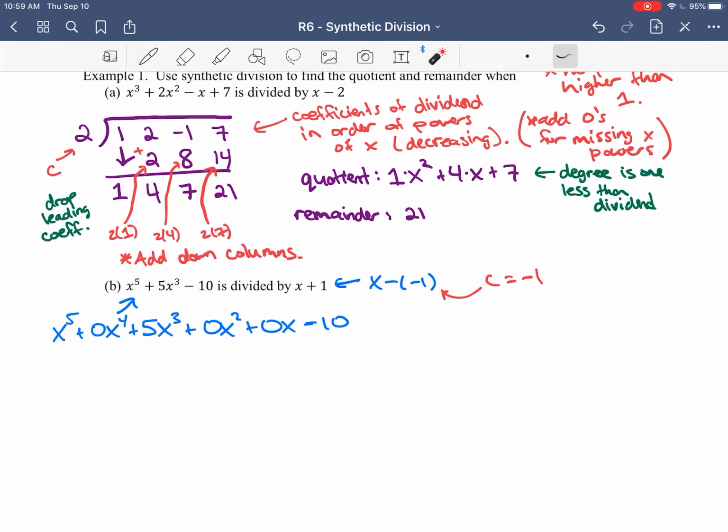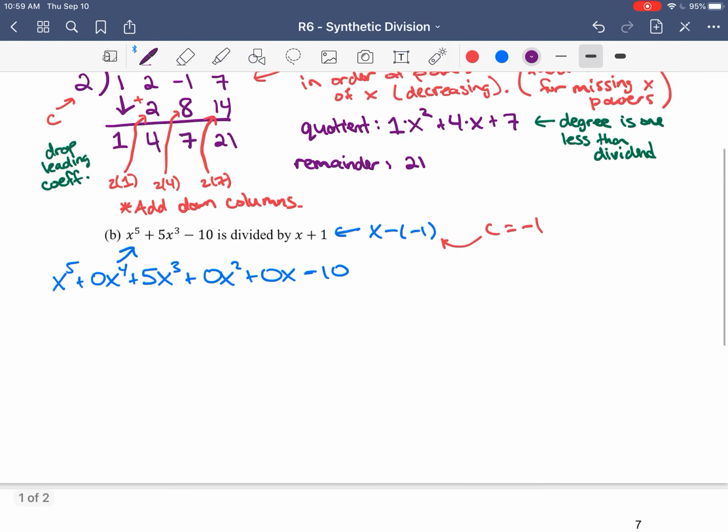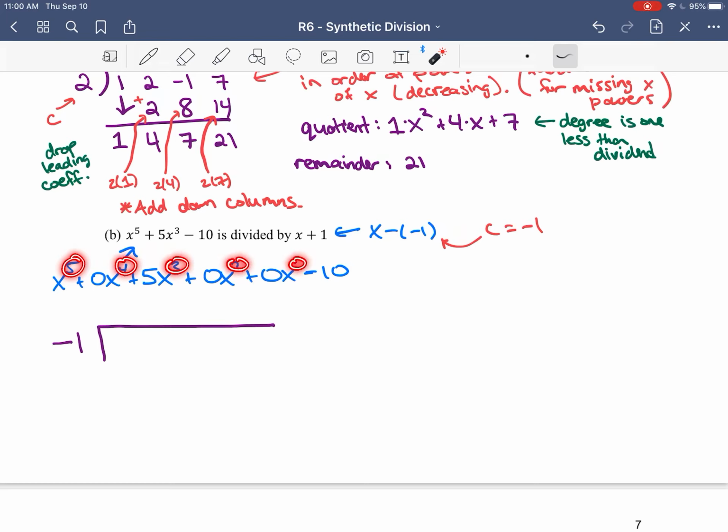That's why it's not there. So when you're entering it into your synthetic division table, you need to include those zeros. Our c value is minus 1, so we put that on the outside. Then I write the powers in decreasing order, and then write the coefficients that way.